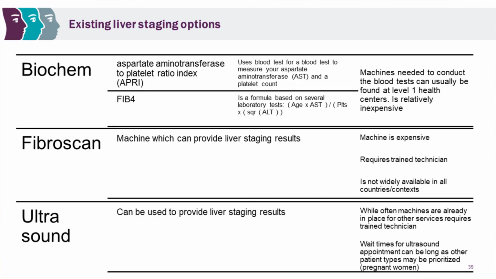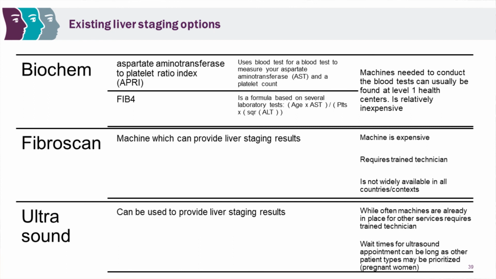Another option for liver staging is FibroScan, and this is a machine that can provide liver staging results. However, the machine is quite expensive and it requires a trained technician and is not widely available in all countries or contexts. Alternatively, you could use ultrasound. This can also be used to provide liver staging results.